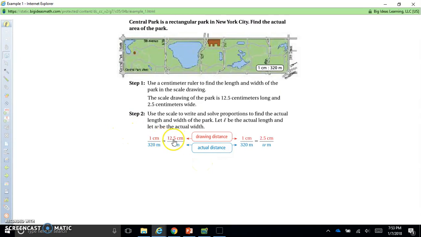Remember, the top ones are the drawings, and the bottom ones are the actual. Drawing, actual.